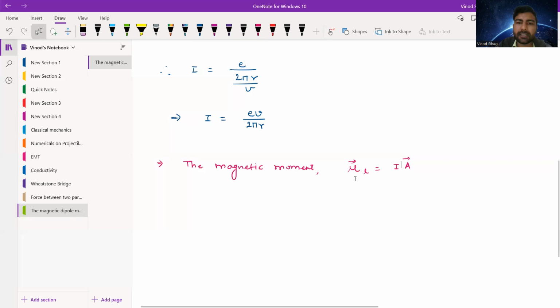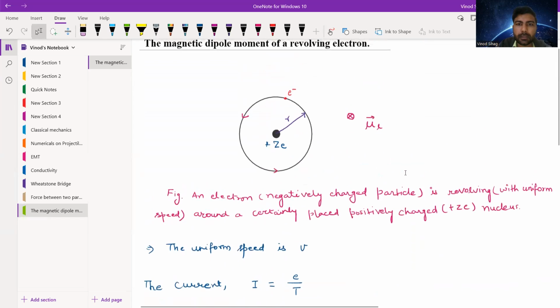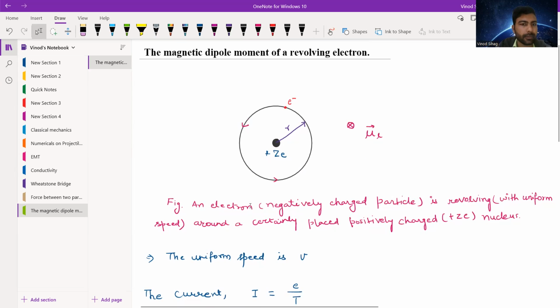Here mu L is the magnetic moment vector, I is the current, and A vector is the area vector of the area of the circle, for this case.